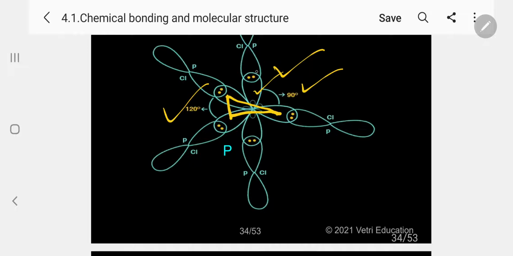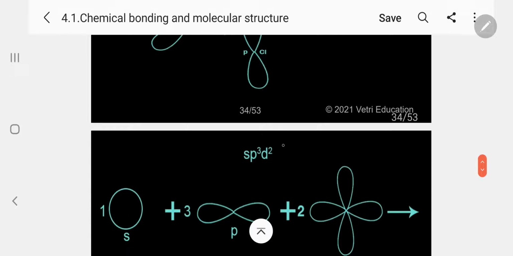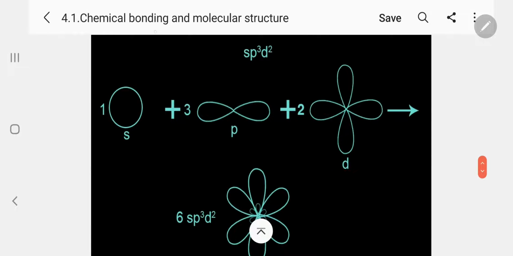And between one at the top and another at the bottom, the perpendicular is 90. So the bond angles are 120 and 90. This is trigonal bipyramid shape.